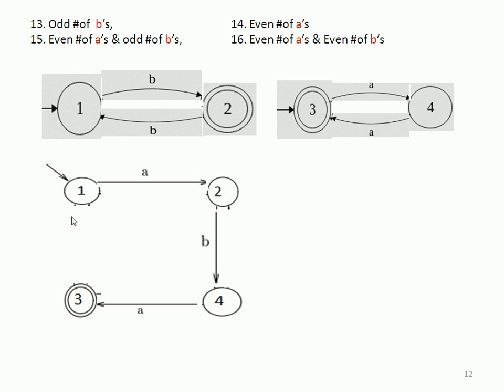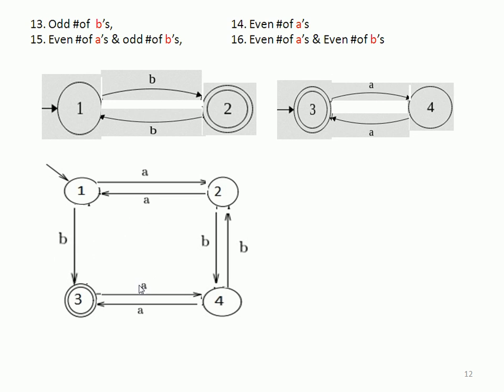Why am I saying final state? Because there are 2 A's, the first A and the second A, and 1 B, so even number of A's and odd number of B's is obtained. So the third state will be the final state. The remaining diagram we can complete. When input A at the third state, it goes to 4, then B goes to the second, then A goes to the first state.